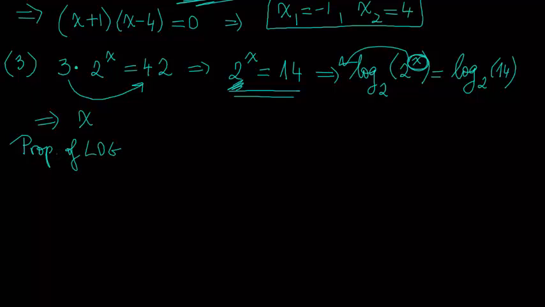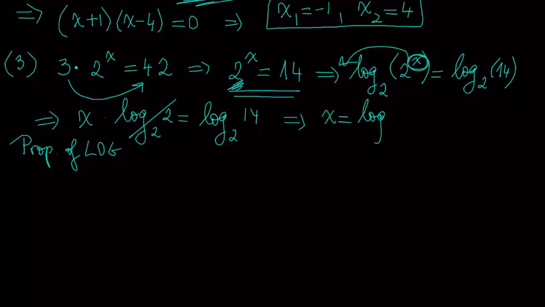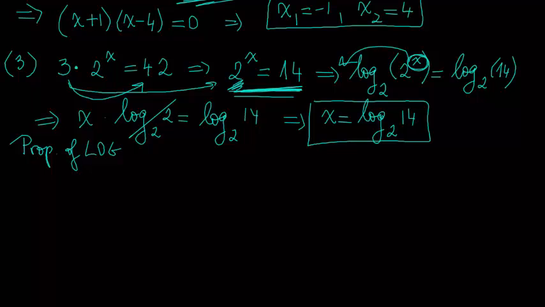So I get x multiplied with log base 2 of 2 equals log base 2 of 14. And since log base 2 of 2 is 1, I now have that x is log base 2 of 14. Again, I was able to bring my equation down to one of the standard forms, and since I know how to solve that, I should be able to recognize how to get from this scenario to the simpler scenario.